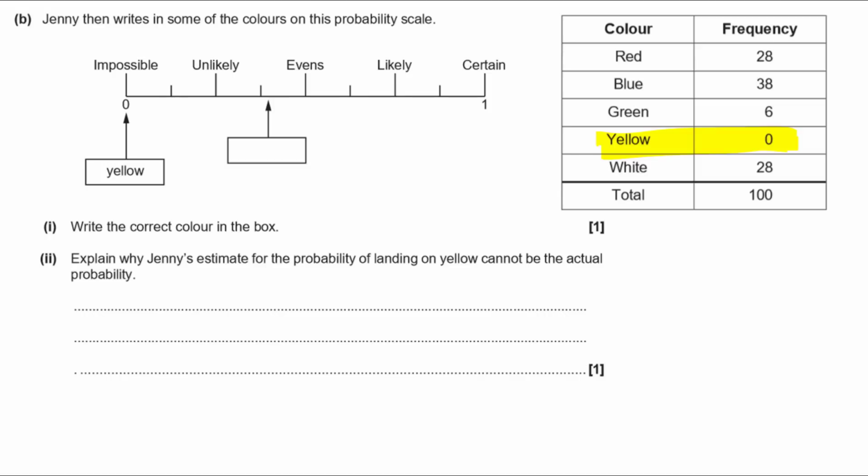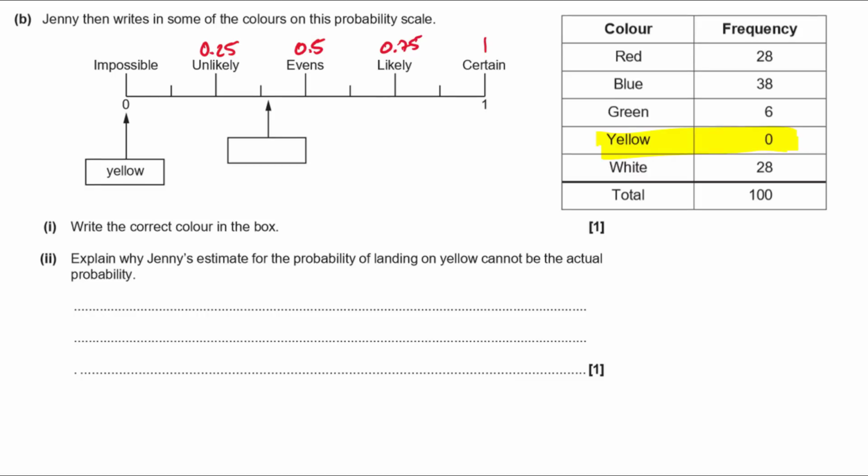Now the next one along is between unlikely and evens. If you think about this scale, there are how many jumps between one end and the other? There's 1, 2, 3, 4, 5, 6, 7, 8, so each one is an eighth, or quarters in between. So unlikely is at 0.25, that's at 0.5, that's at 0.75, and that's at 1.